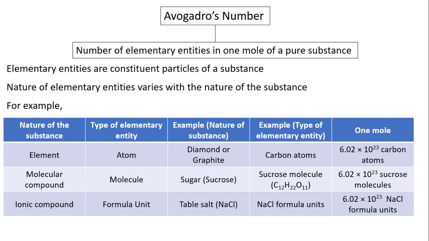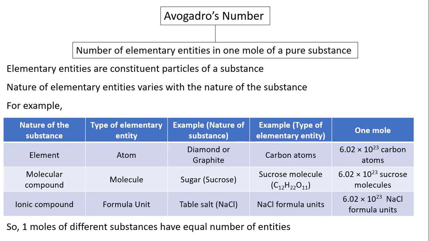And that lattice will be the whole chunk that we see in real life. So what we found from here is that 1 mole of different substances, the substance may vary, but the number of elementary entities will always remain the same for 1 mole of the substance.